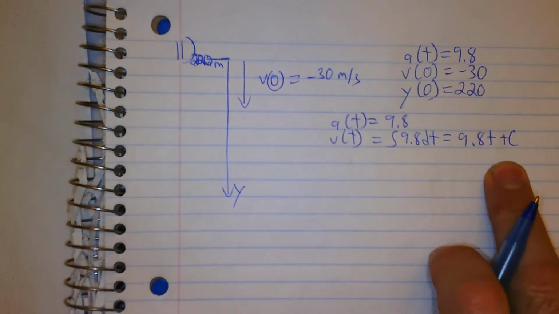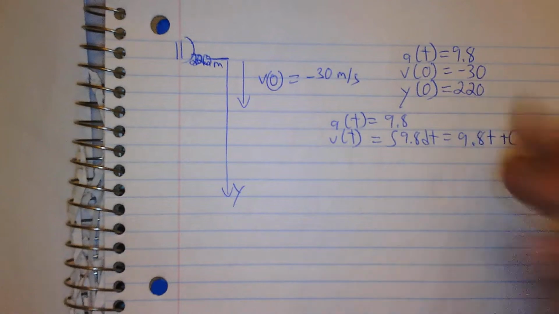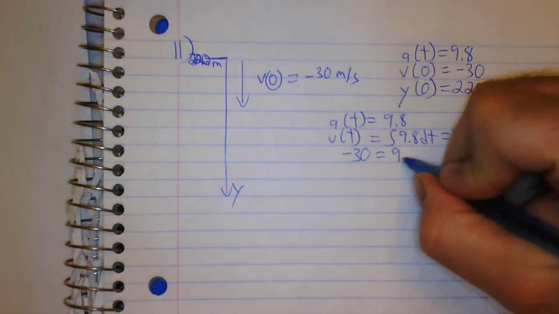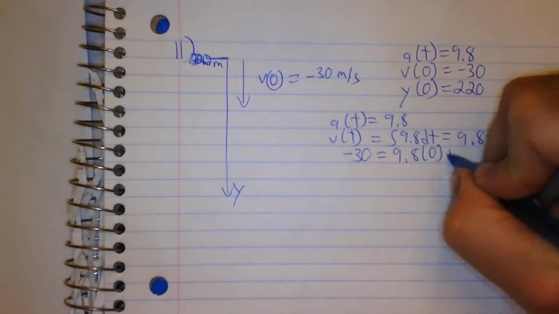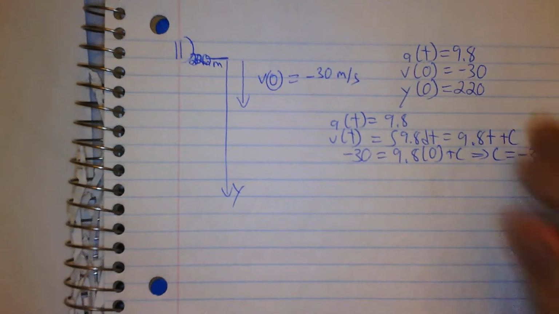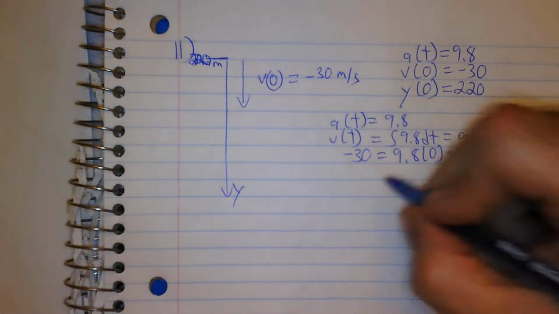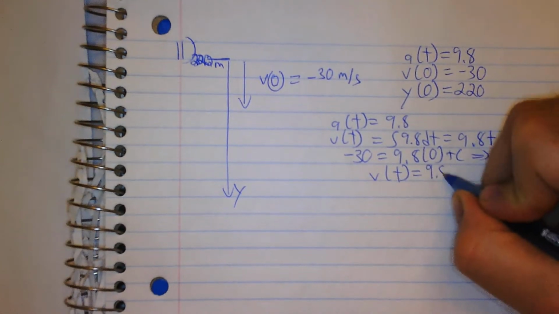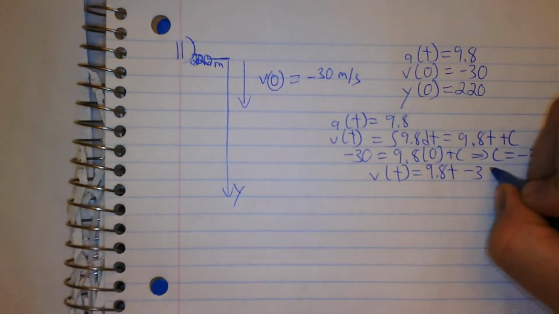How do I find what c is? I plug in 0, negative 30. And so I'll get negative 30 is equal to 9.8 times 0 plus c, implying that c is equal to negative 30, which is not surprising at all in this particular case. So v of t is equal to 9.8t minus 30.